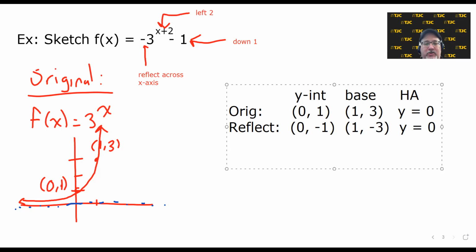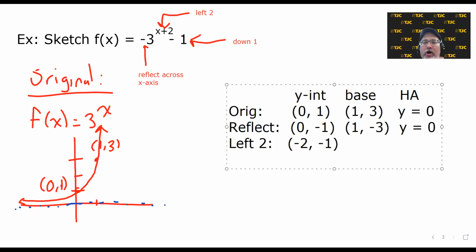Now let's do the left 2. Now think about this. When you move a point to the left 2 on your number line, its x goes down by 2. So we have to take each of these points and lower its x by 2 to move the point to the left 2. Well, on the y-intercept, 0 - 2 is -2, but we're not changing the y because we're just moving to the left.